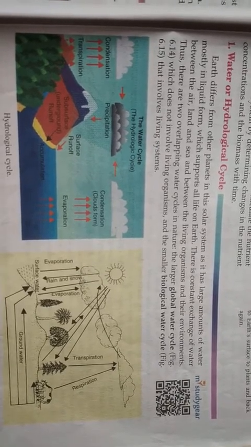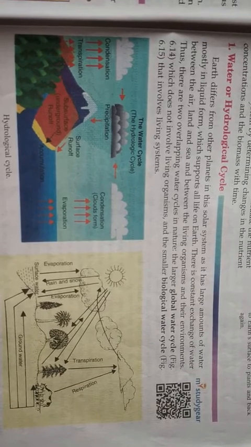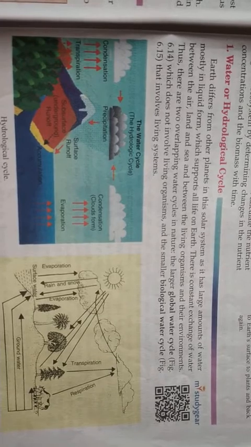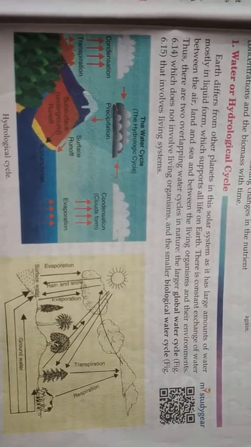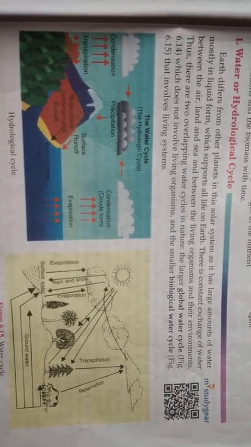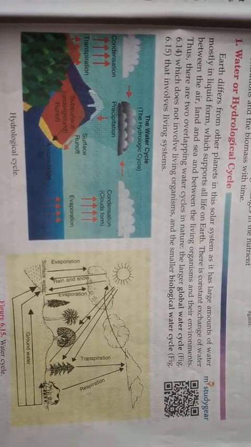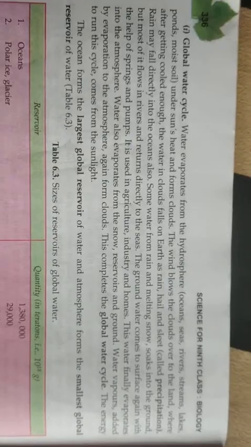But the smaller one, the biological water cycle, is connected completely with the living system. Let's see the meaning of the global water cycle and biological water cycle one by one.